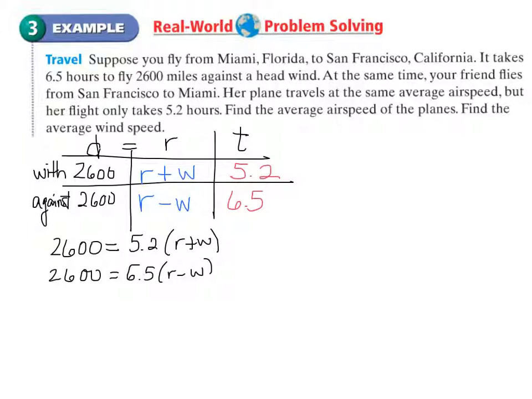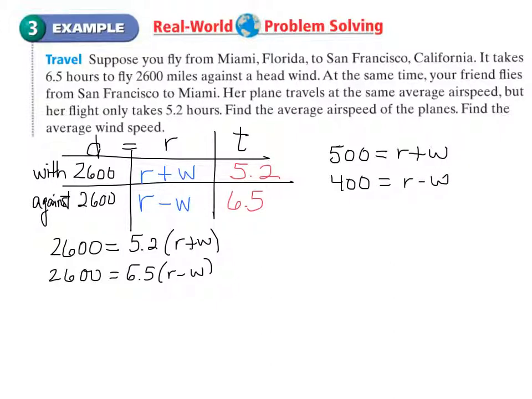It would not give you 2,600. If you divided both sides by 5.2, you would get 500 equals R plus W. If you divided both sides by 6.5, you would get 400 equals R minus W.